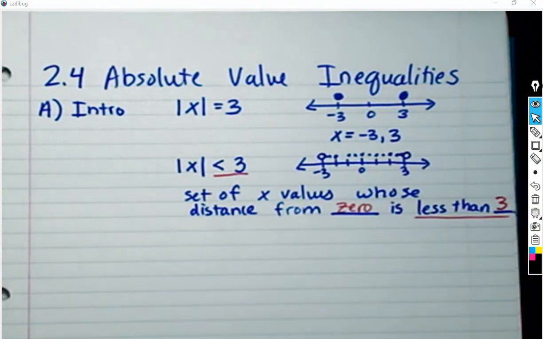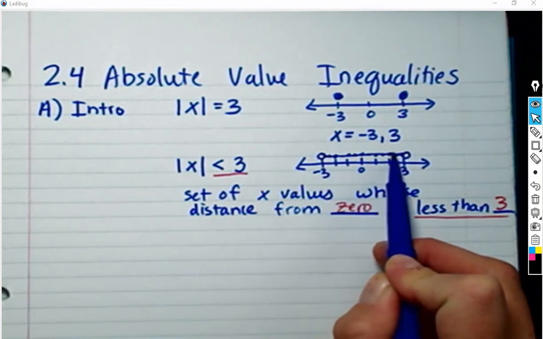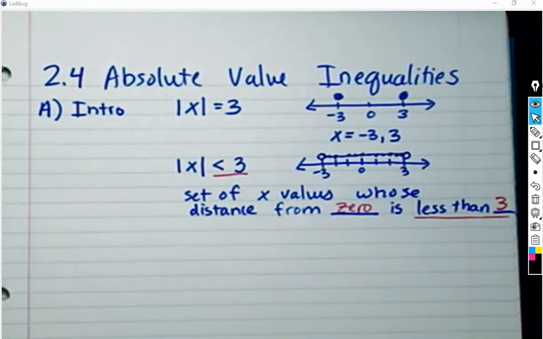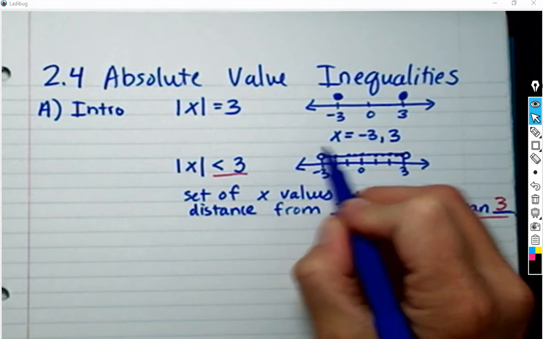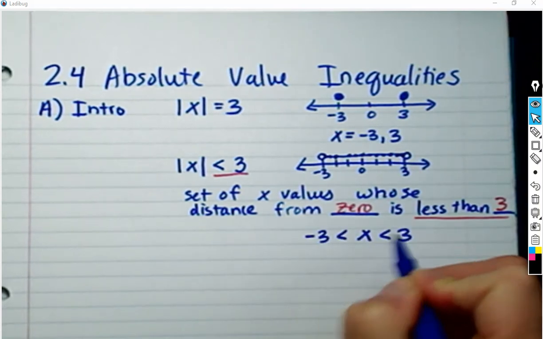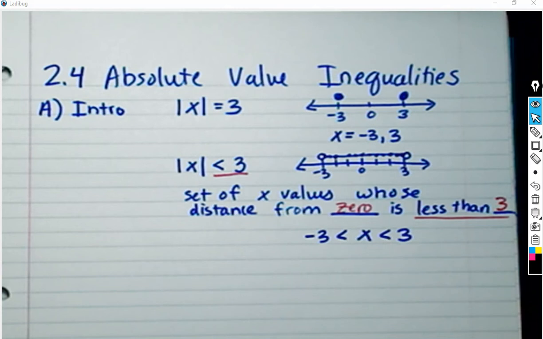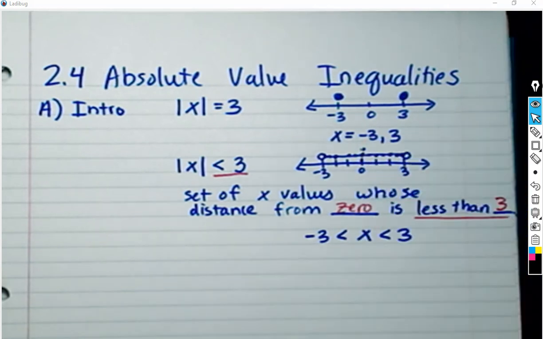Now, you've all been giving me numbers that are between -3 and 3. We could keep going, but basically I should end up with every single dot that's between those numbers. So the solution is the numbers that are between the endpoints, towards the center, because the distances are less than 3.